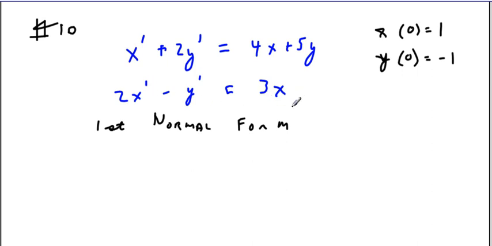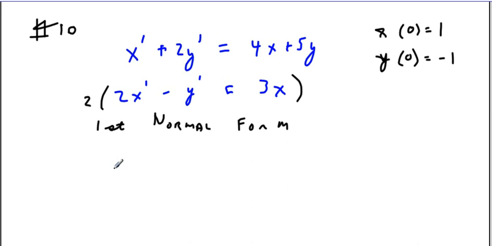I'm going to multiply it by 2, so I'm going to have 5x prime is equal to something. Okay, so that's what I'm going to do. I'm going to multiply the second guy by 2, and I'm going to add it to the top guy.